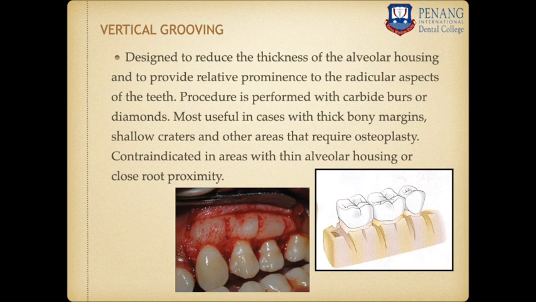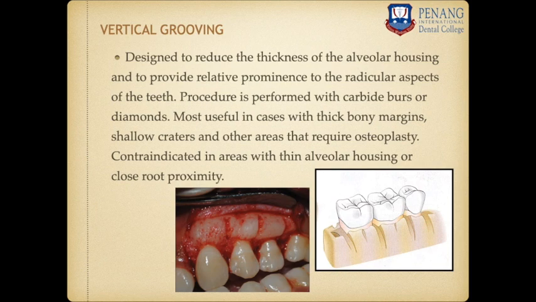Most of the time, this is an osteoplasty procedure where the supporting alveolar bone will not be removed. So this is performed more as a standalone procedure in case of buttressing bone formation. So vertical grooving and radicular blending are the two osteoplastic procedures.